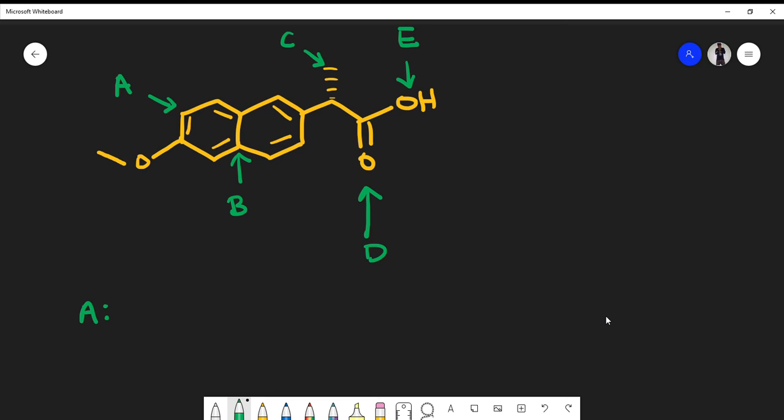But if we look at A, what we're really looking at is a double bonded carbon that has some sort of R group, and the R represents this portion of the molecule. But remember that even though we did not explicitly draw the hydrogen, there is a hydrogen at that point. So we say at A, the hybridization should be sp2.